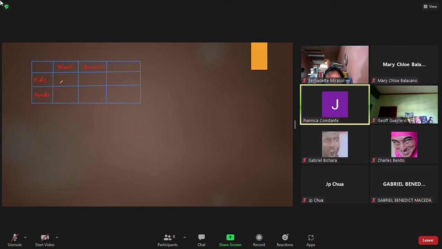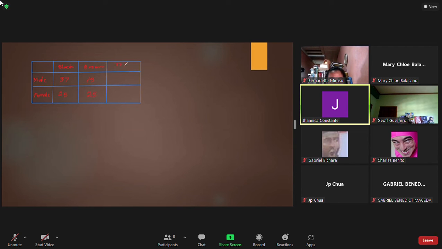So let's say we have, for male, the number of students who have black eyes is 37, for female we have 25, and for brown color we have 13, and 25.